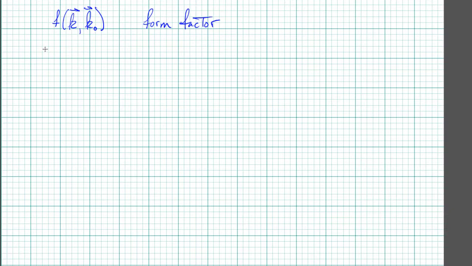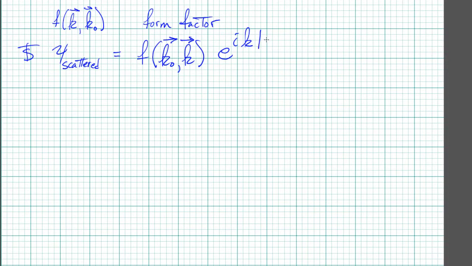We had that psi of the scattered wave was going to equal f of k naught k times e to the i k times r minus r prime over r minus r prime. And we wanted to find what this is.